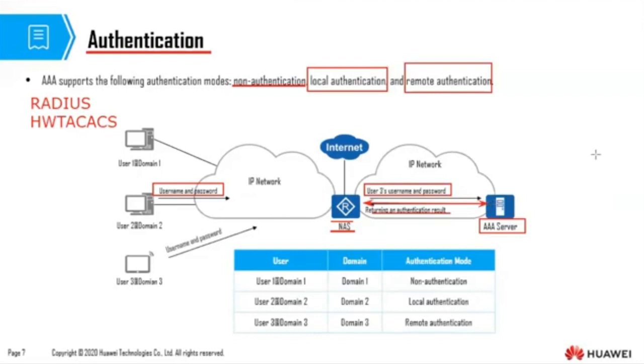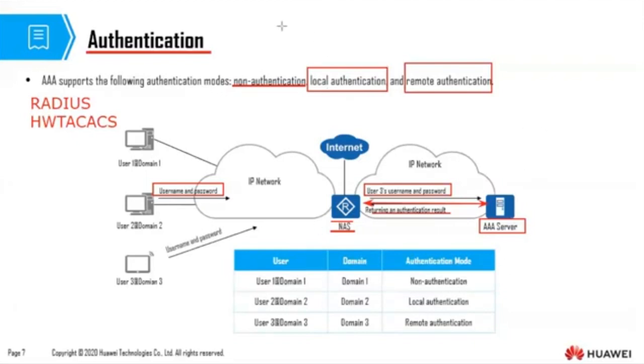So it is enabled by one of those protocols. This Huawei protocol, I think, is called Huawei Terminal Access Controller Access Control Server Protocol. Not sure whether that is correct. I taught it in HCIP, and if I remember correctly, that is what it means.